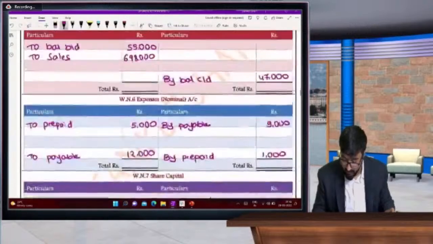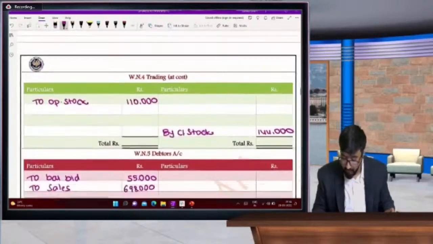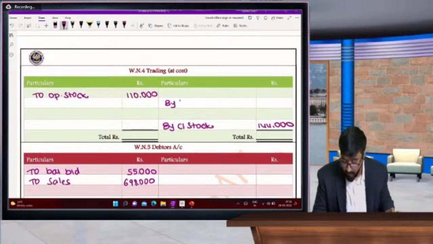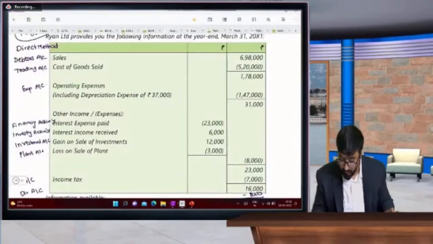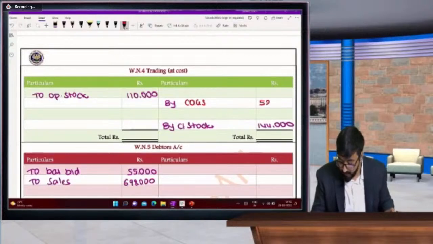COGS. Red pen, trading account. By COGS 5,20,000.